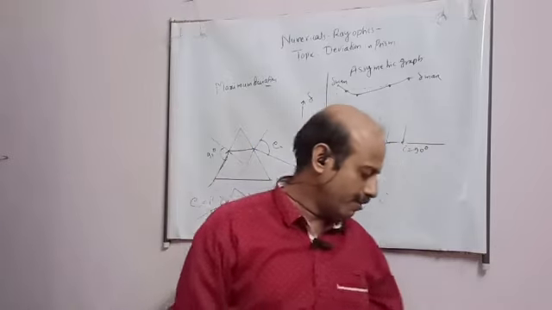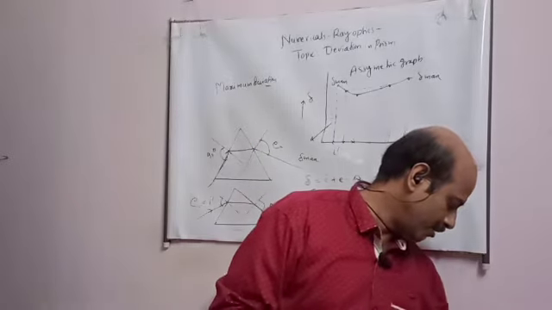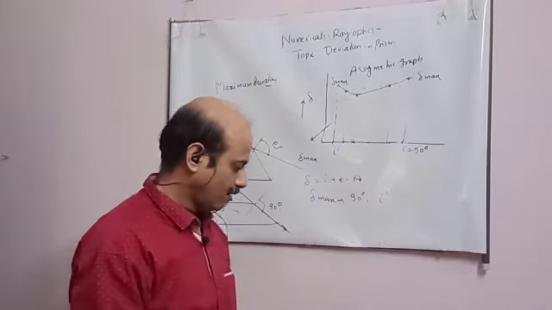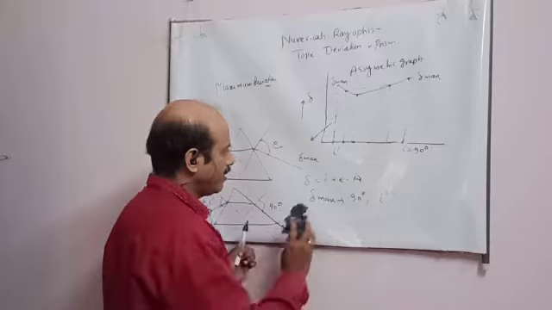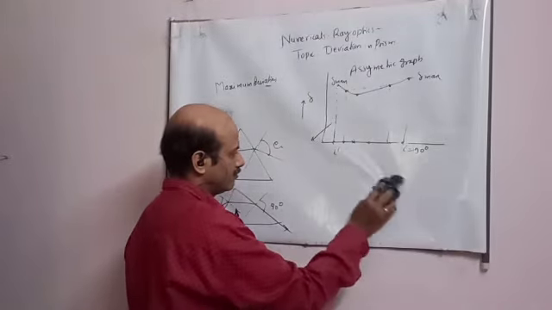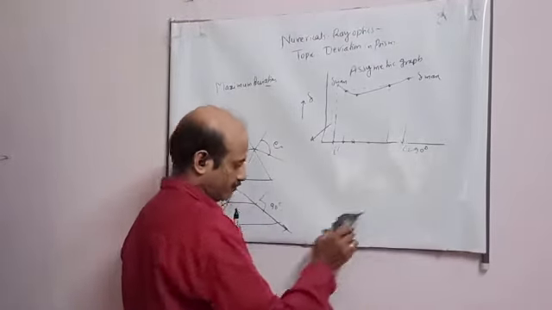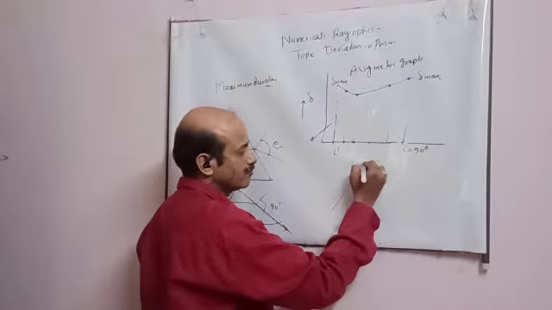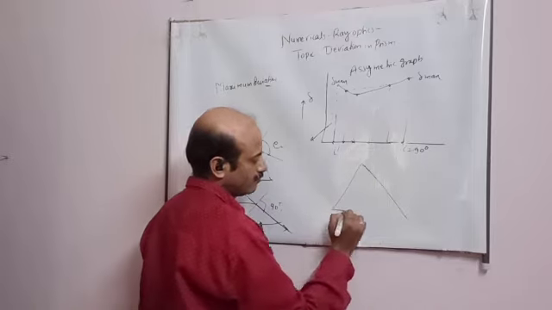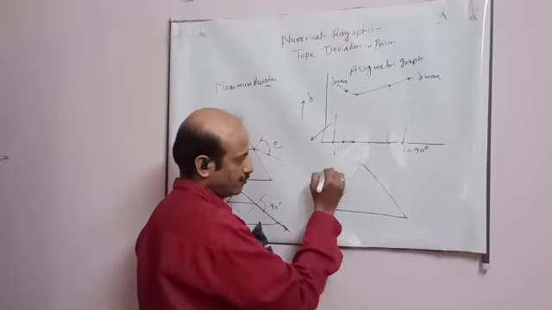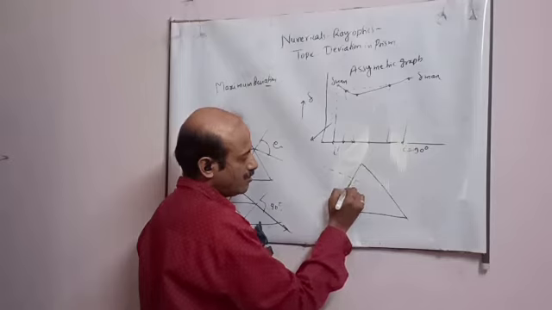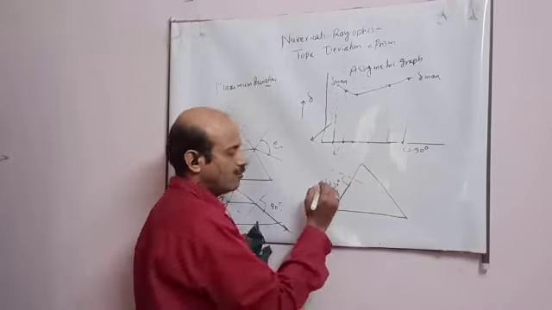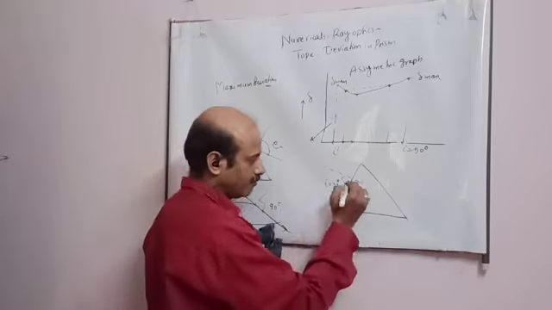I will solve one numerical, student, to make the concept more clear. Suppose it is given in the figure, this is the question. Angle of incidence is 90 degree. As you know, for this there is a maximum deviation.